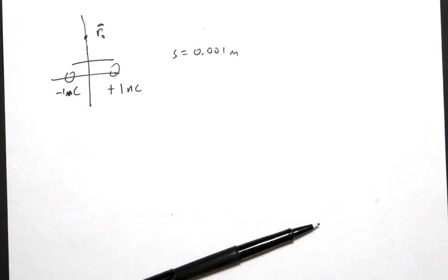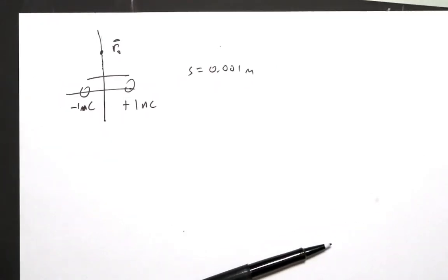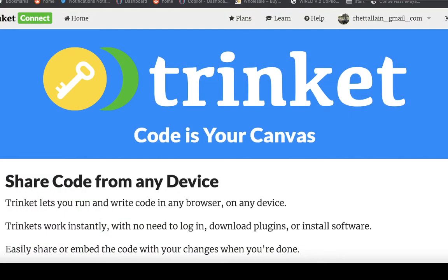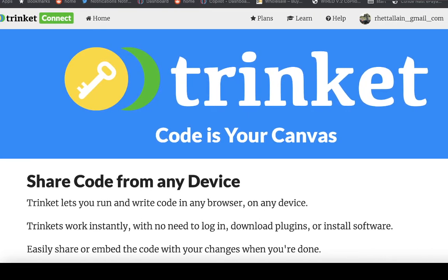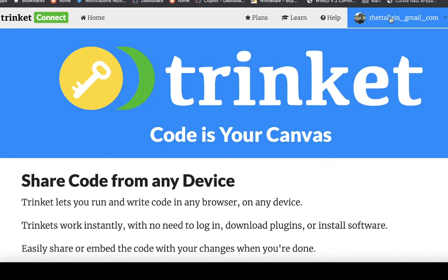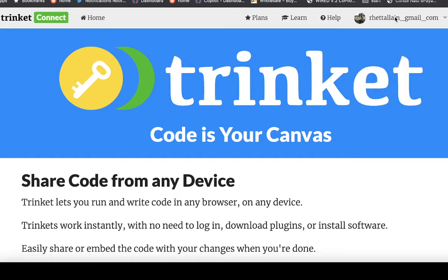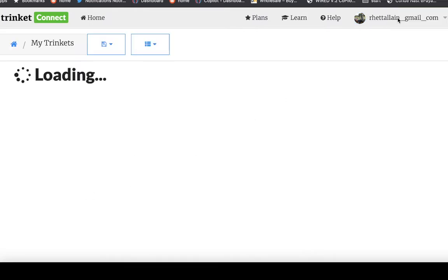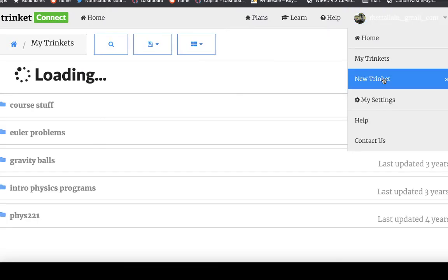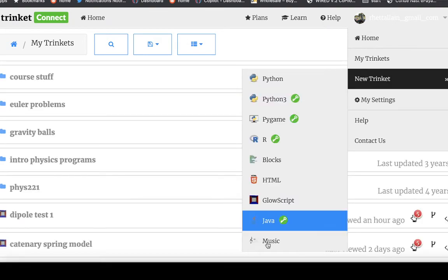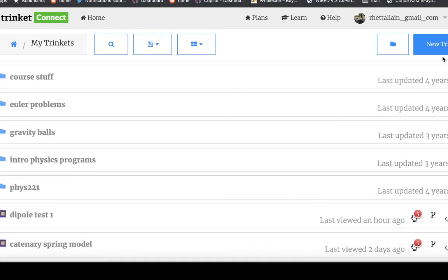Okay, so let's switch over to Python. Let's see if I can do this. Oh, I didn't set this up correctly. Oh, shoot. Okay, no, it is. Let's see, if I go to new trinket, I think it might be too big. New trinket, glow script. It's a little slow.